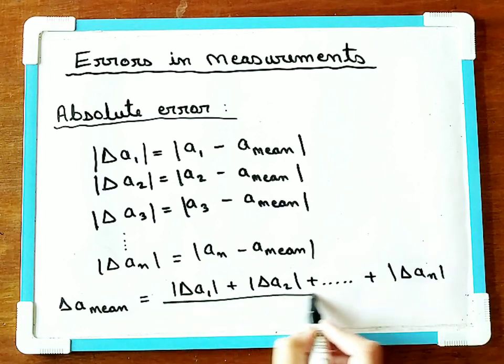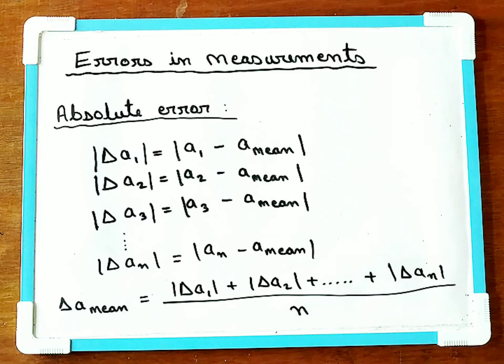Then you'll have to divide this by the number of observations. So this will give you the mean absolute error. So this is one way in which you can express the error in measurement, in terms of the absolute error.